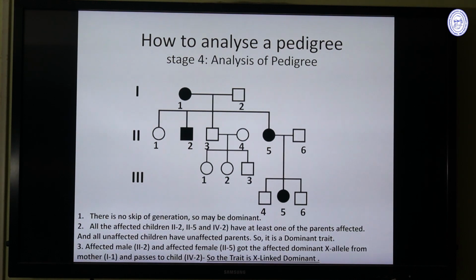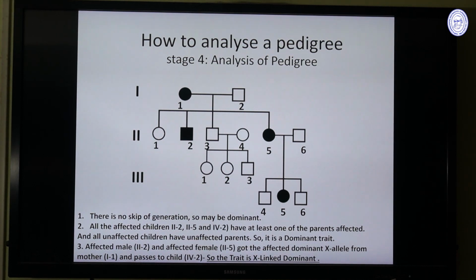Now, we have to analyze the pedigree. First of all, there is no skip of generation. In every generation there are 1 or 2 individuals affected. All the affected children, that is II-2, II-5 and III-5, have at least one of the parents affected. So, this is a definite case of a dominant trait.